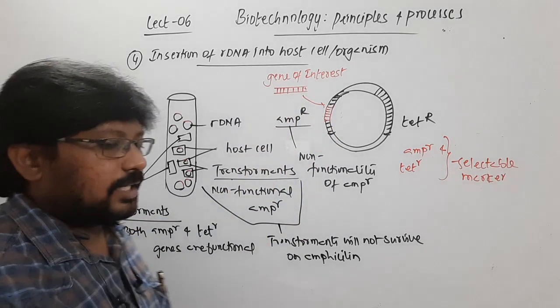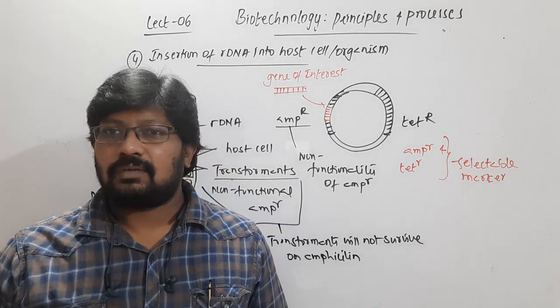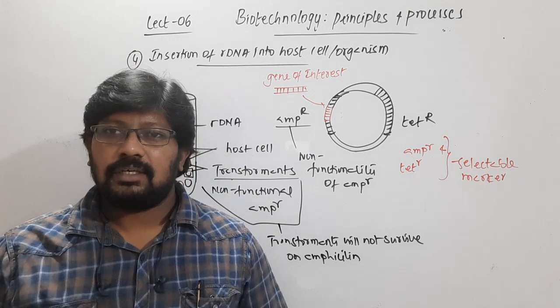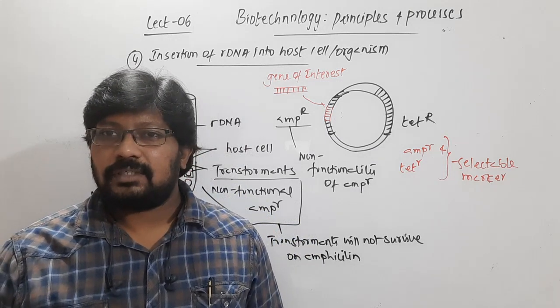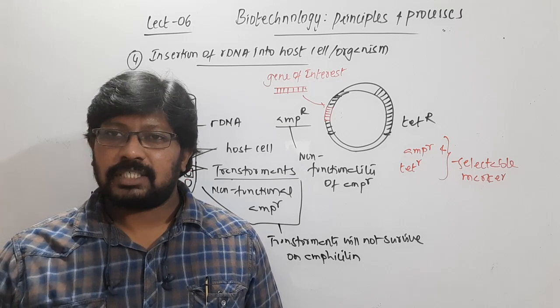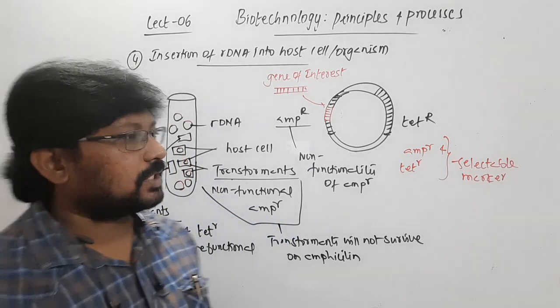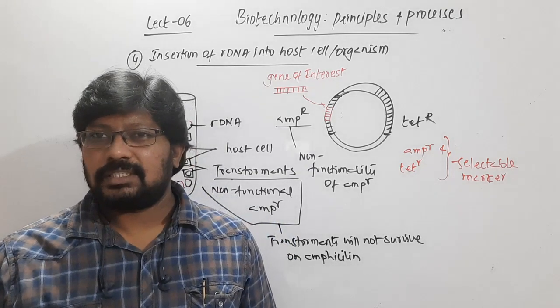Now the point is that I need to get this insulin in large quantities. We know biotechnology is meant for the benefit of human beings, not just one, but all human beings. So hence I need to produce large quantities of this insulin.